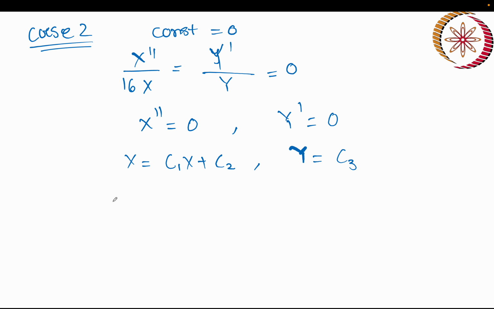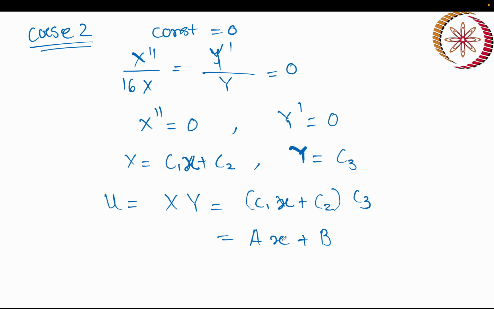And if we multiply for the solution u, which is x into y, so this is small x. Okay, so the solution will be c1x plus c2 into y, which is c3, and finally let's say it is ax plus b.